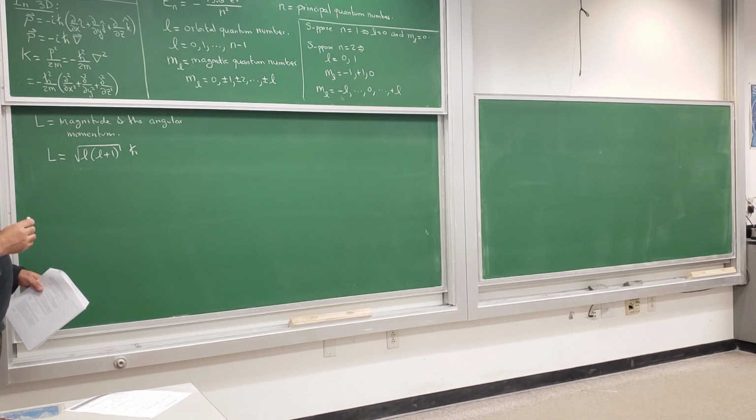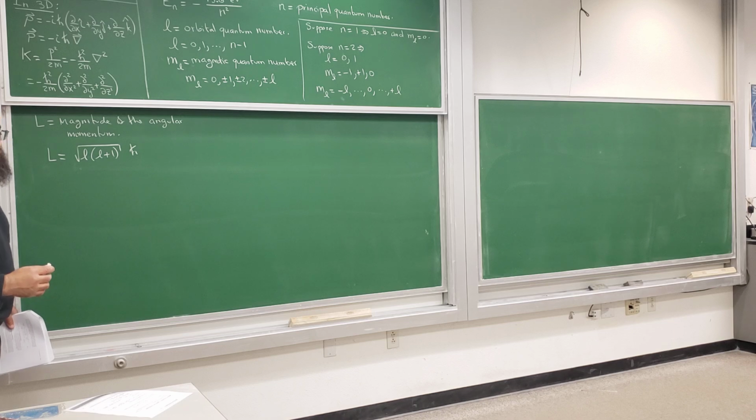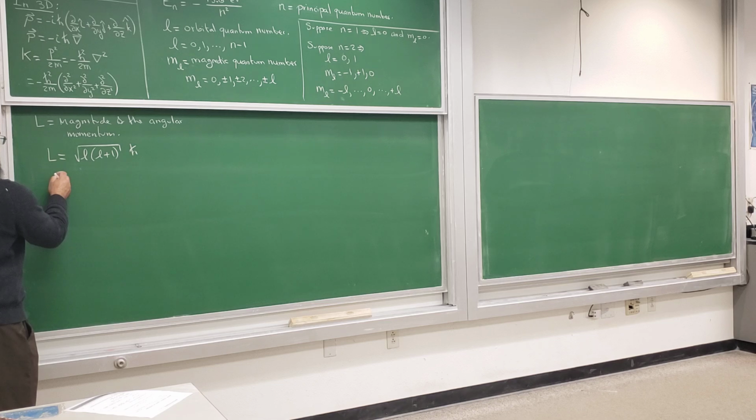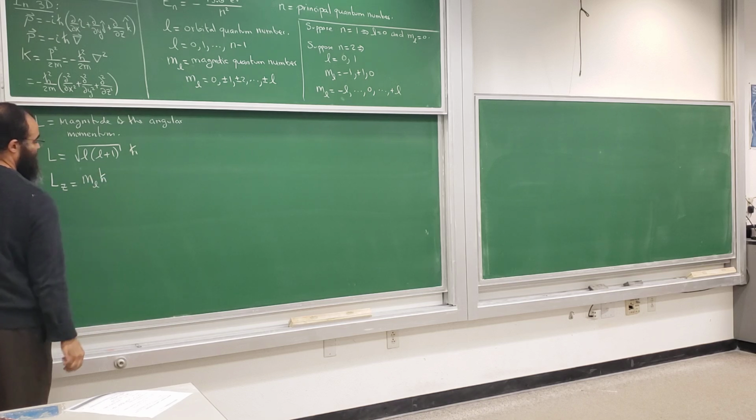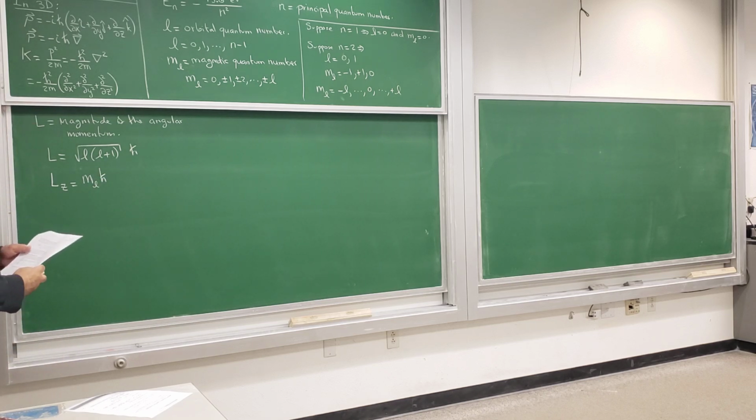I will tell you in a little bit how they split, and why. So Lz turns out to be equal to ml times h bar. That's Lz, the z component of the orbital angular momentum.